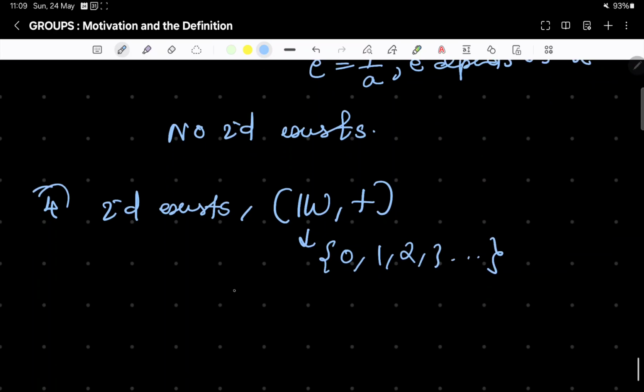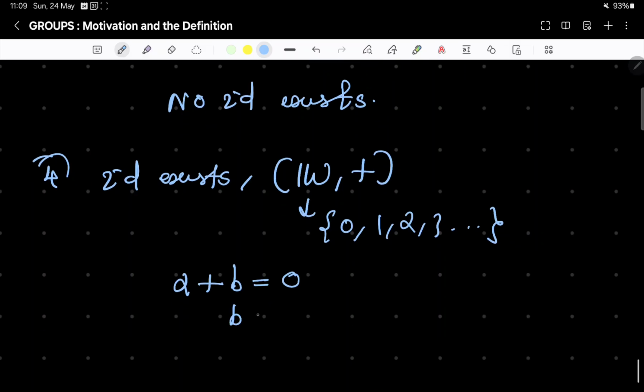So here there is an identity because 0 is the identity. But if you take 2, how do you solve to get an inverse? You have to get 2 plus b equal to 0. Then b is equal to minus 2. That is not in whole numbers. So inverse doesn't exist. So even if there is identity, inverse is not there.